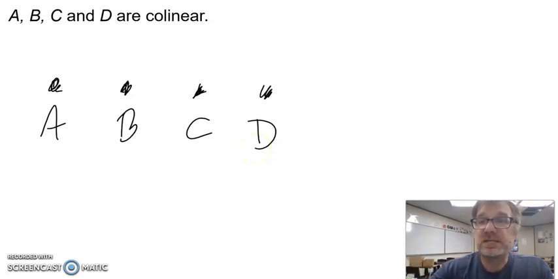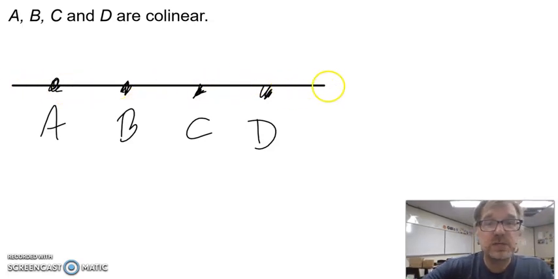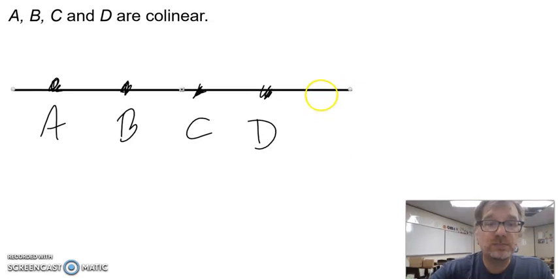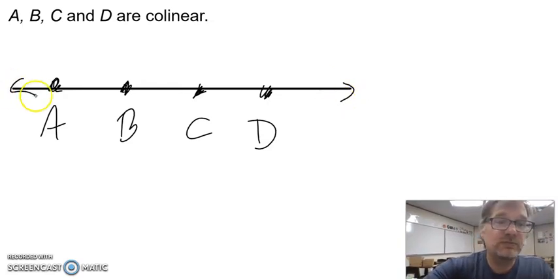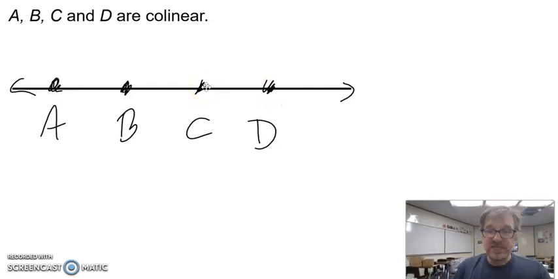Notice I am using capital letters. When I connect them, one line goes through all 4 of them. That means these 4 points are collinear. Let's put an arrow on the end to mean they go on forever. I'm going to straighten this up just a little bit. So A, B, C, and D are collinear because they are all on the same line.